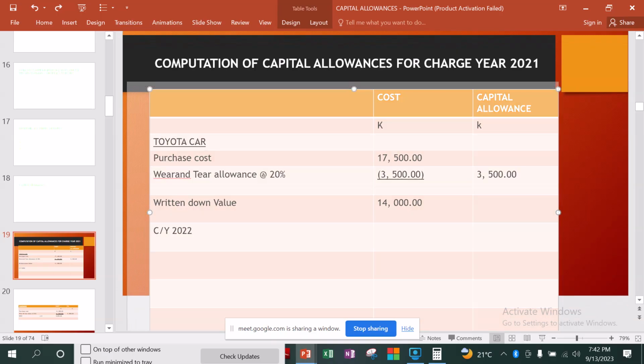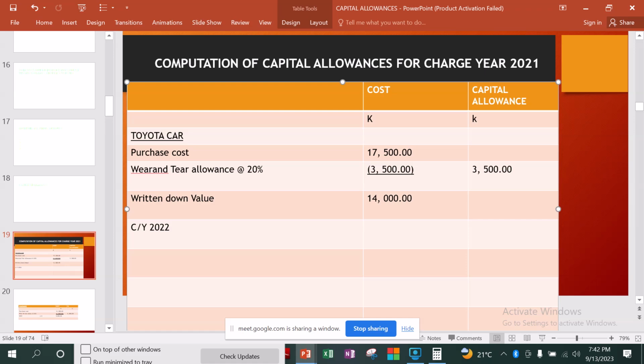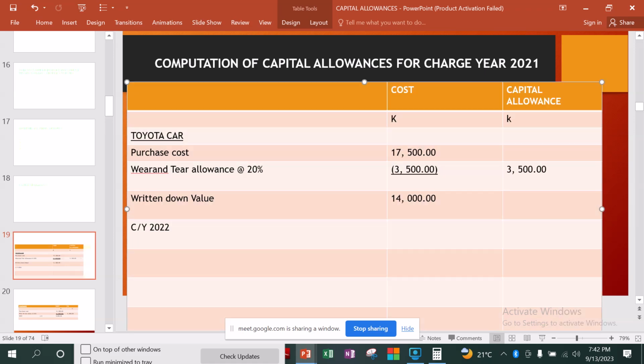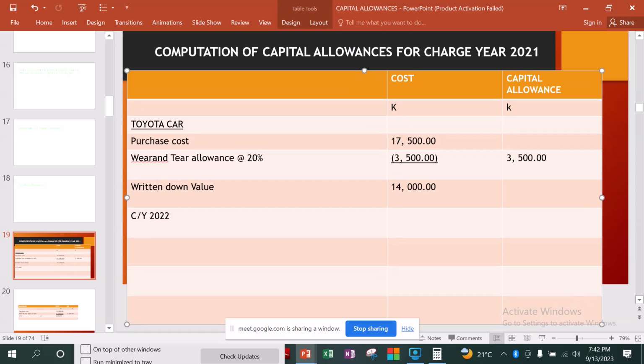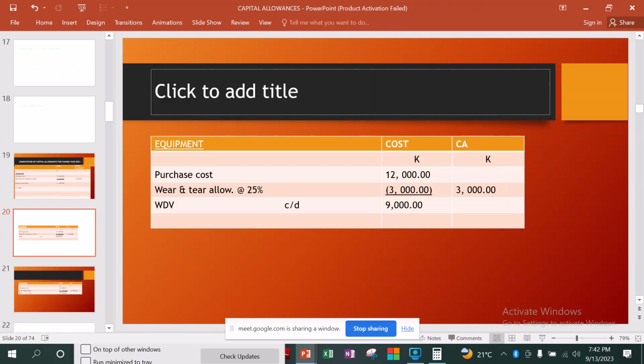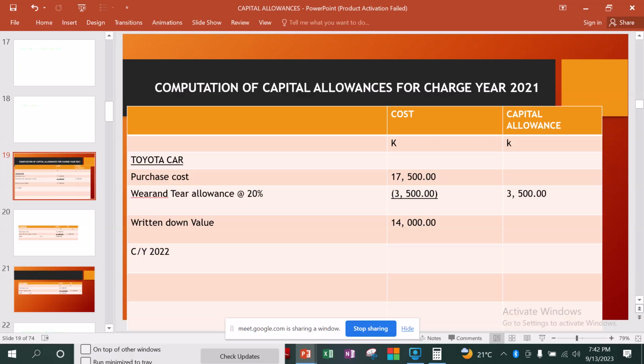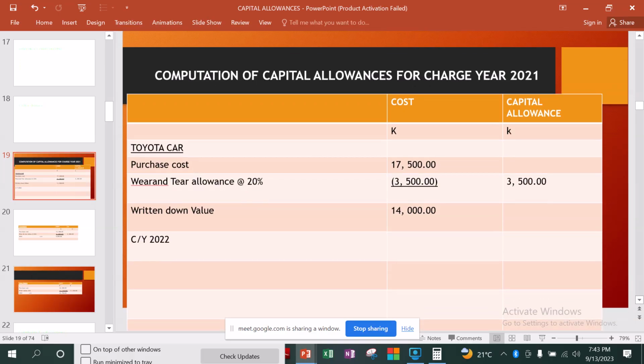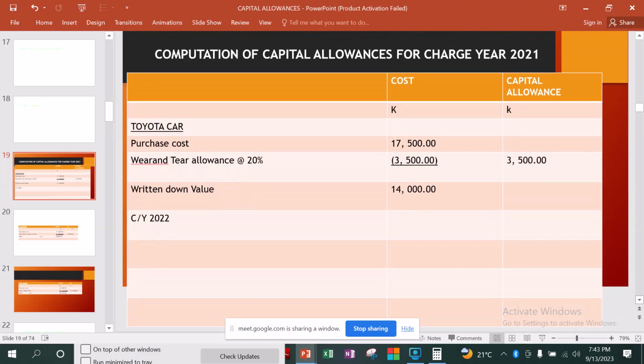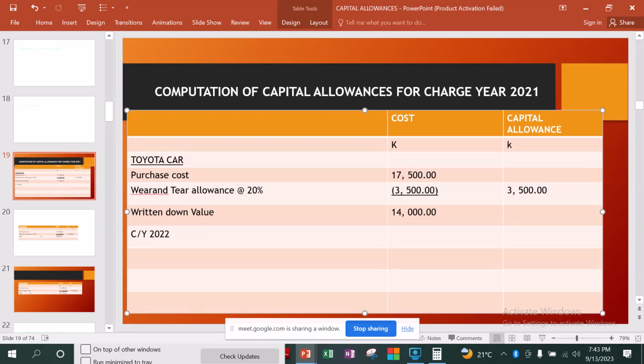Trying to make it a bit smaller. This one was charge year 2021.